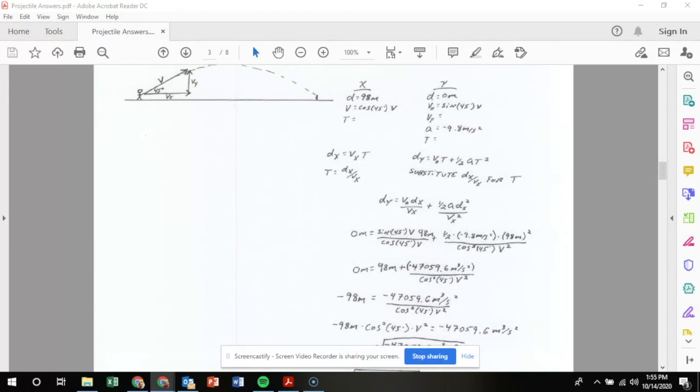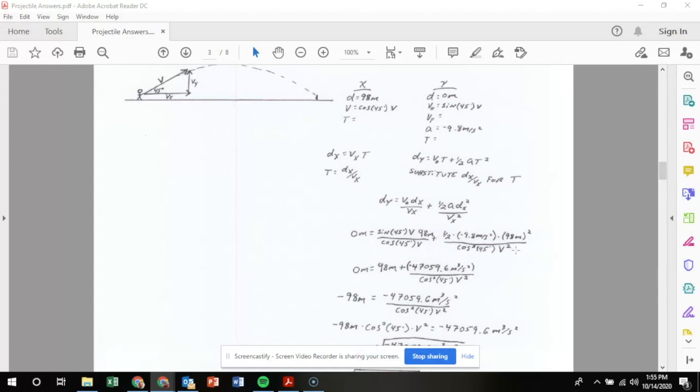Sine of 45 over cosine of 45 is tangent of 45, which is just 1. And v divided by v cancels out, also being just 1. So what that leaves me with here, since sine 45v over cosine 45v equals 1, 1 times 98 is just 98. So this whole big ugly term just simplifies to be 98.